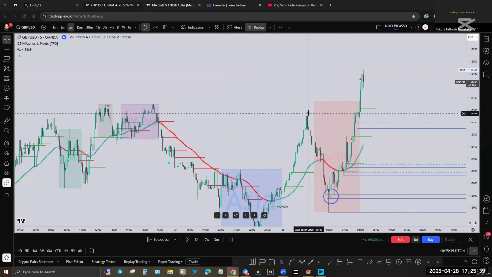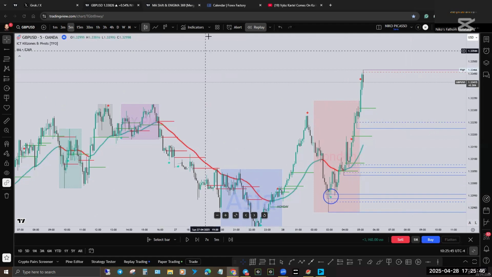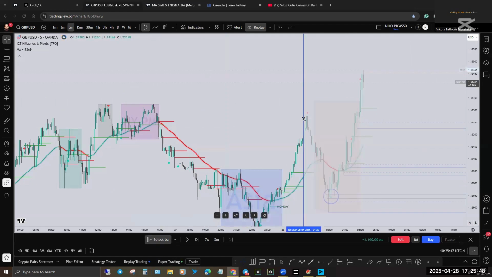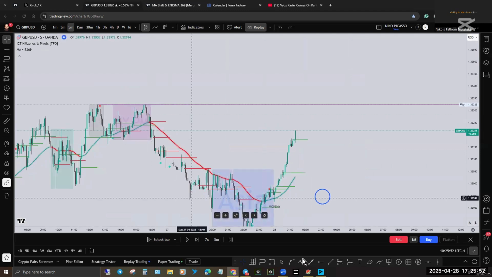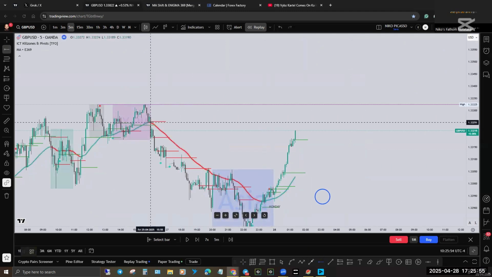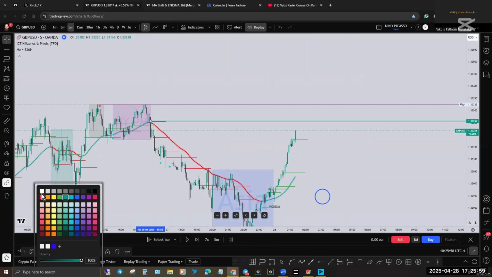Okay, we did have a sell opportunity here on the London session, which is connected to this bearish break of structure. That means when this opportunity came right before the London open, we can see right here, we already have the line here. That line, you can just extend it right here manually by placing a line here, changing the color if you want to, right? You can just extend it.